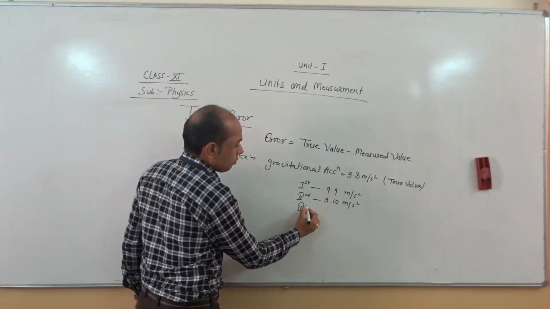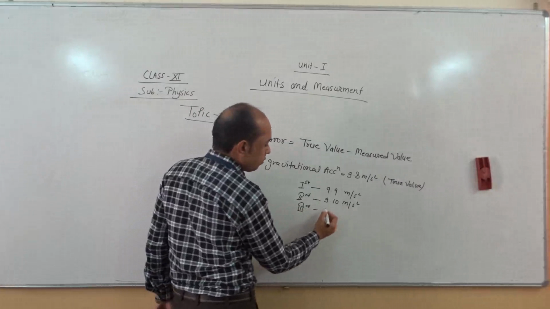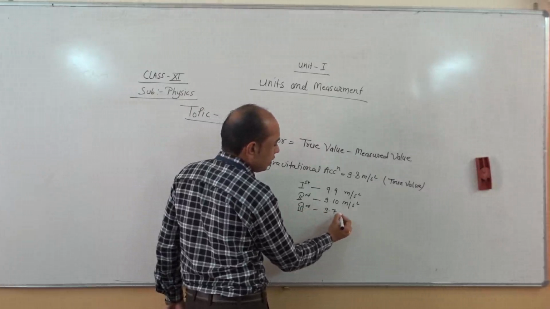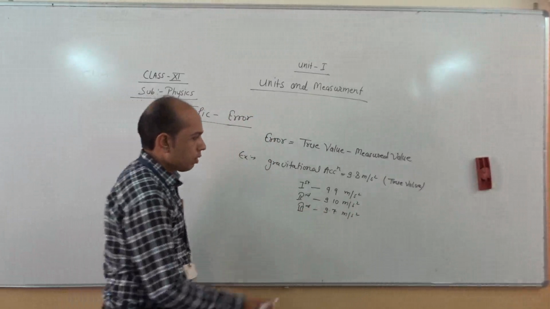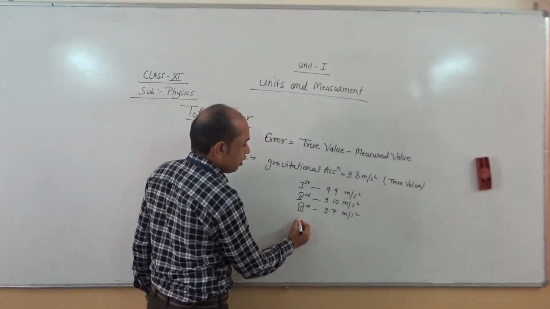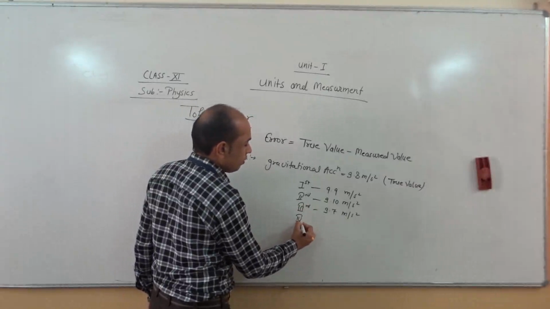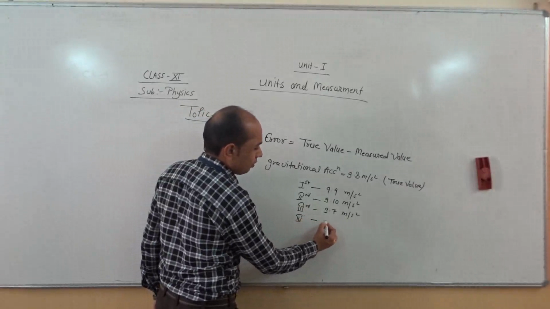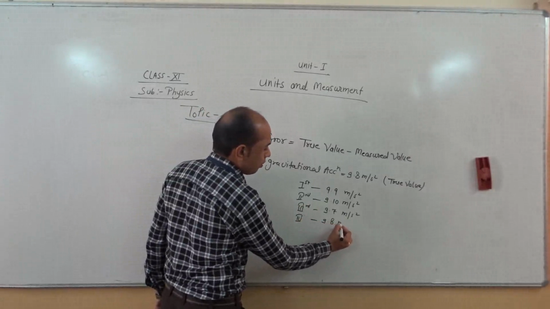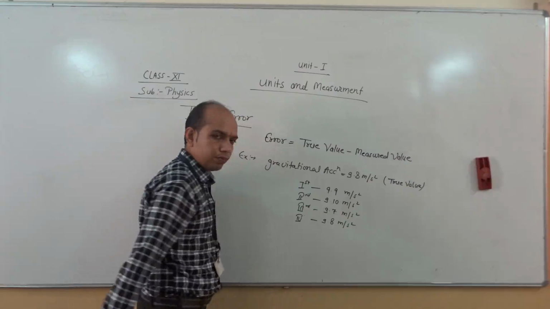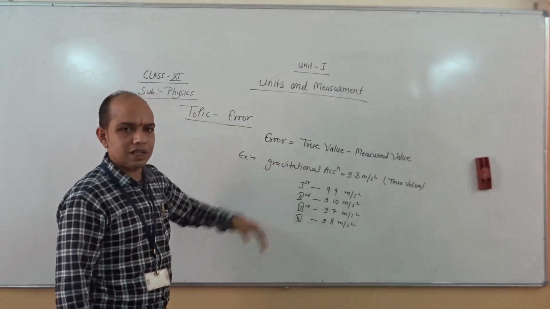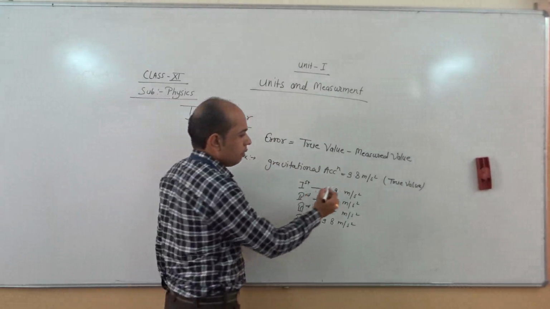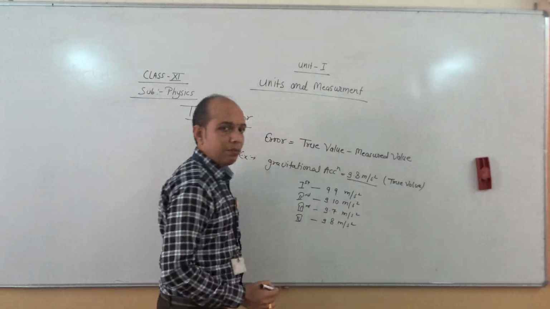The third one reports, suppose, 9.7 meter per second square, and it may be possible someone gets the actual one, that is 9.8 meter per second square. So here we have four sets for gravitational acceleration, but the actual value is 9.8.